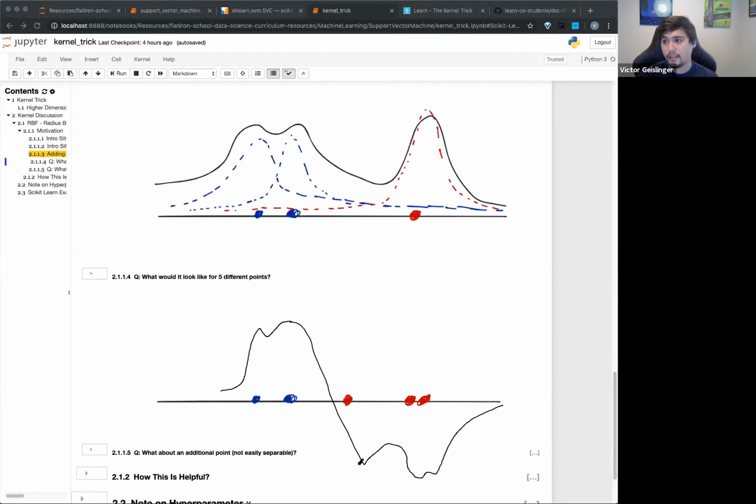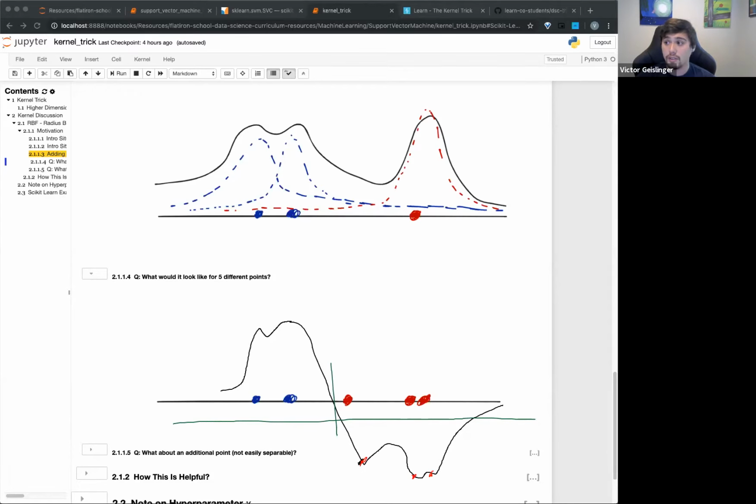If I had these red points right here, we can separate that, and I'm going to use my green because I don't want to use yellow. Now we have all the blue points above and all the red points below, and we can define this function very easily. Once we have that part, we know where it crosses over, and we can define where these points go through.